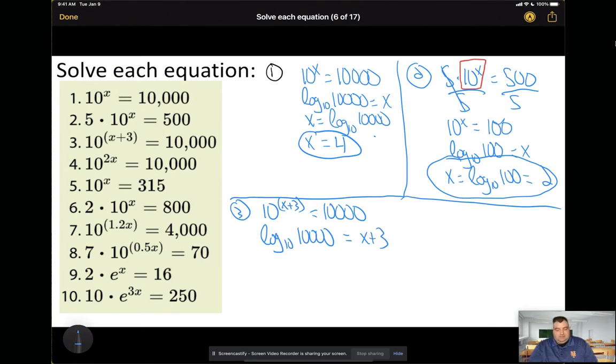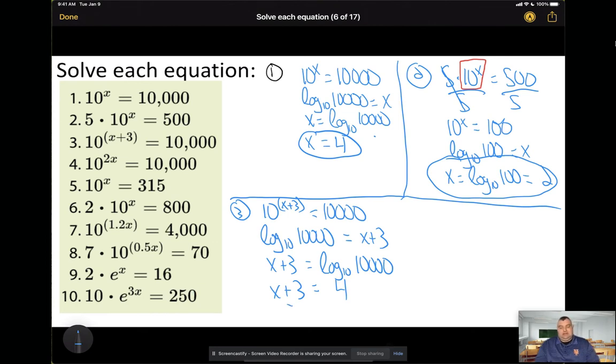So I can reverse that order and make it x plus 3 equals log base 10 of 10,000. And we figured this out at number 1, that log base 10 of 10,000 is equal to 4. So what I'm really solving is x plus 3 is equal to 4.